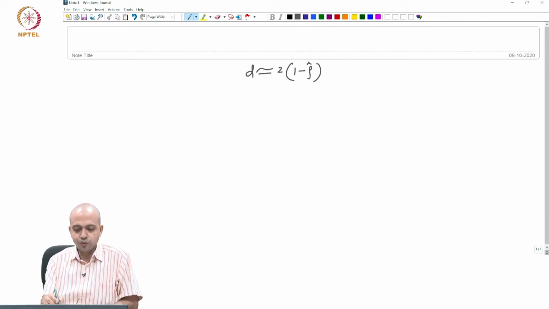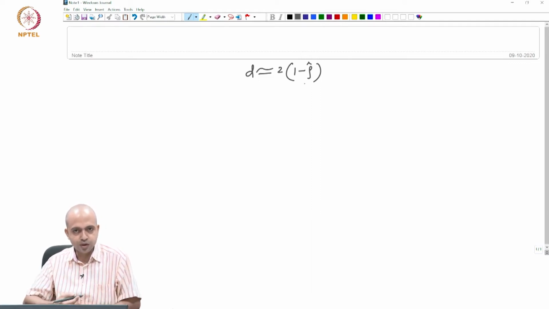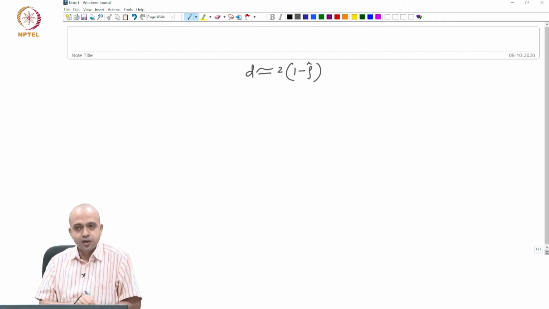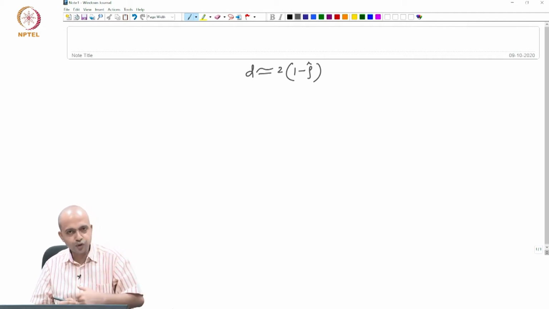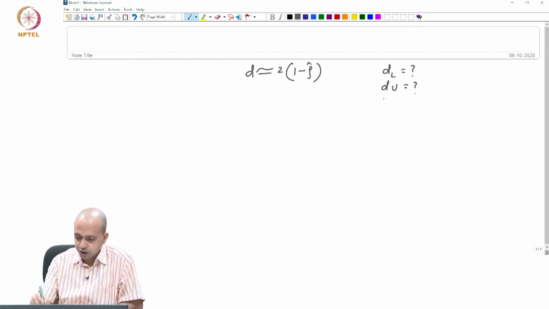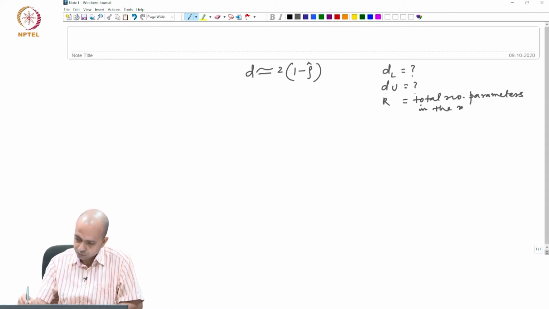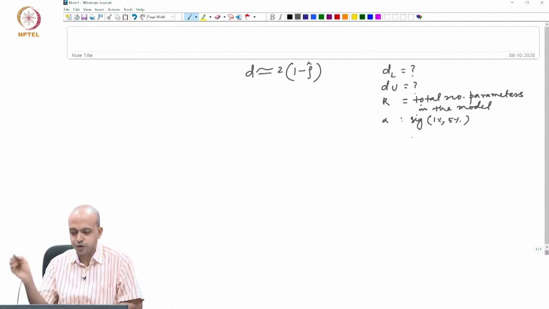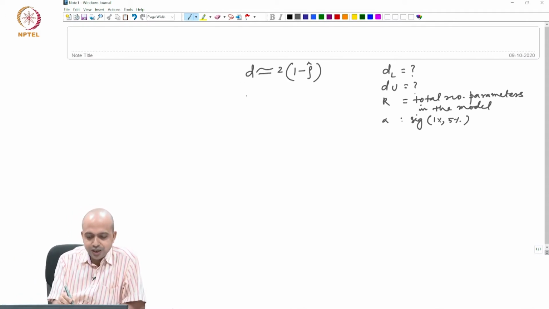So, depending on the value of rho hat, autocorrelation between the two successive periods' error terms will give a value of D, and then for a given level of significance, from the Durbin-Watson table, you need to find out what is DL and what is DU, corresponding to K equals total number of parameters in the model, and a specific level of significance, 1%, 5% or 10%, whatever.